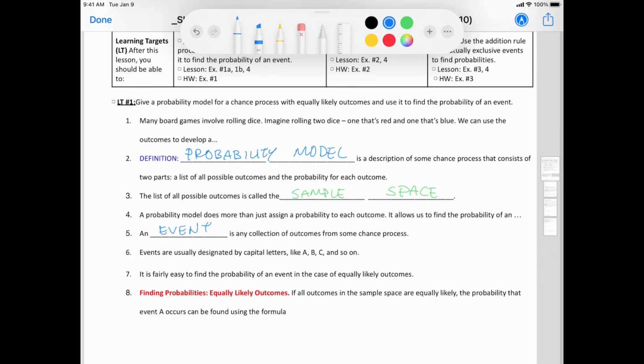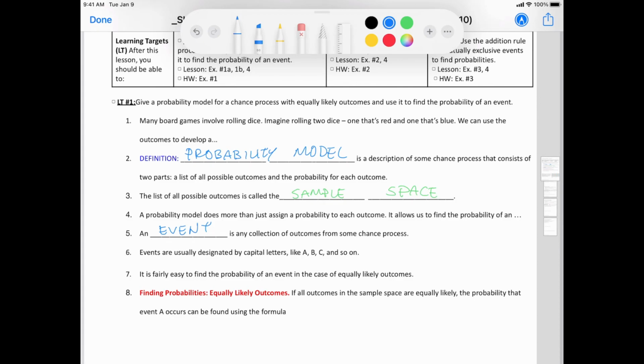An event is a collection of outcomes for some chance process. Events are usually denoted by capital letters like A, B, and C, and so on. And it's fairly easy to find the probability of an event in the case of equally likely outcomes.